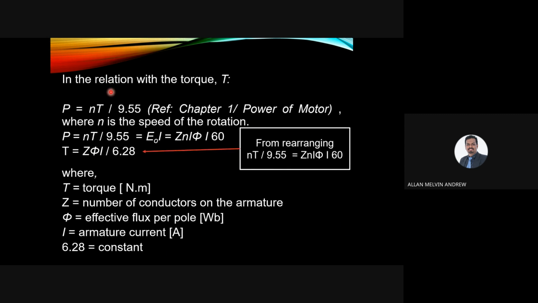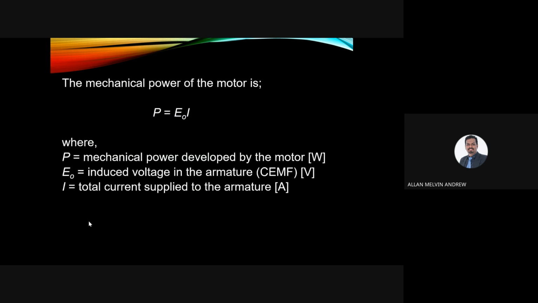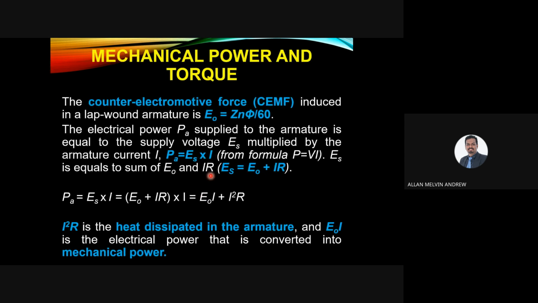Okay, in relation to the torque T, P equals NT over 9.55. We get this formula from chapter 1. N is the speed of rotation. We can substitute the previous formula inside, so P equals NT over 9.55 equals E0I, which we got from the previous slide.